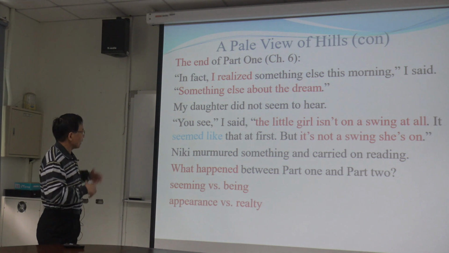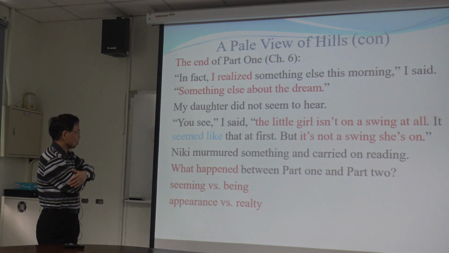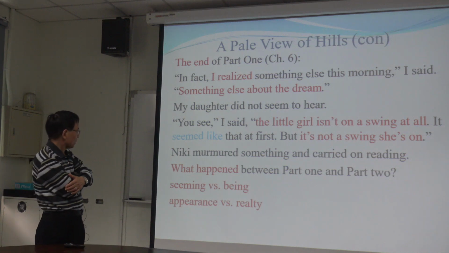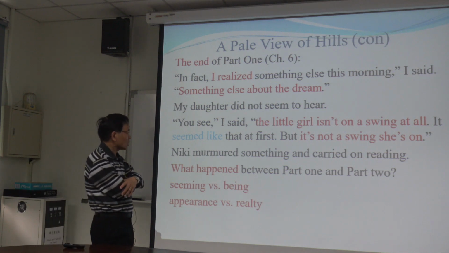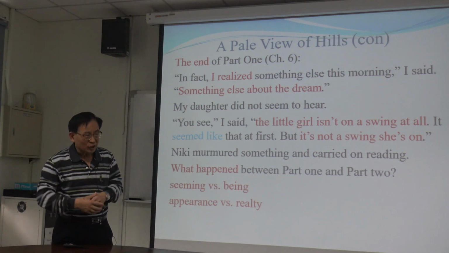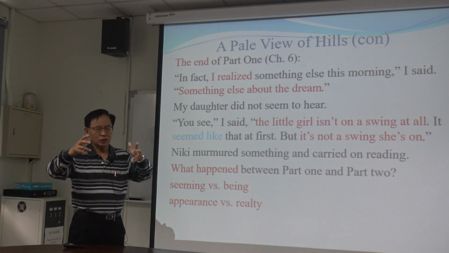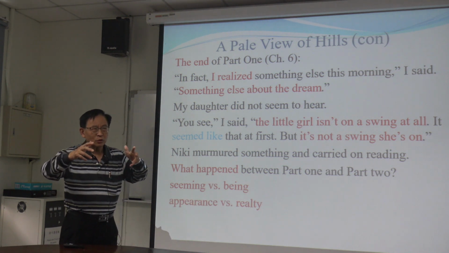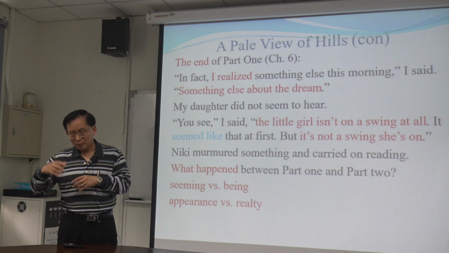And then the mother continued to say, even though the daughter chose not to hear, you see, I said, the little girl isn't on a swing at all. So the dream she mentioned to Nikki was she dreamed about a little girl who is playing on a swing.